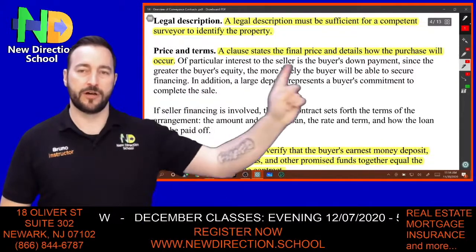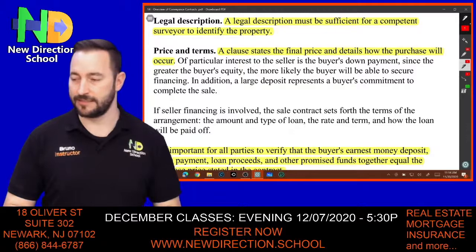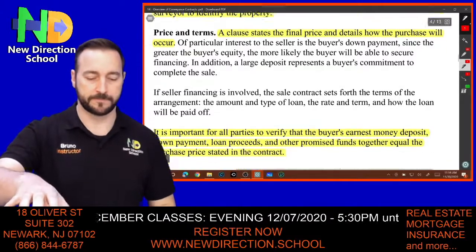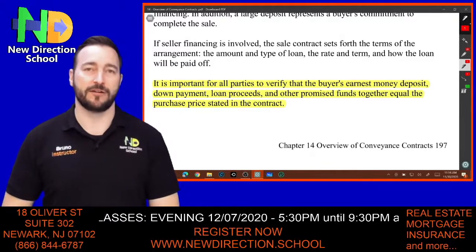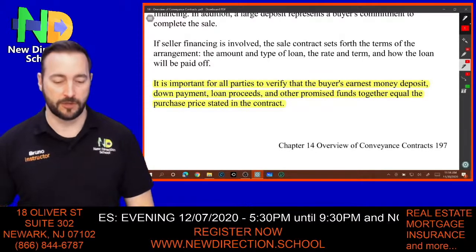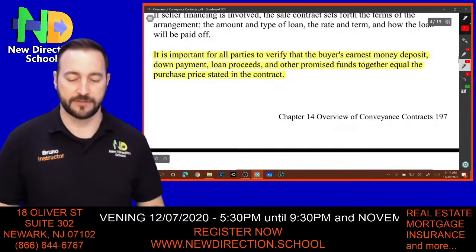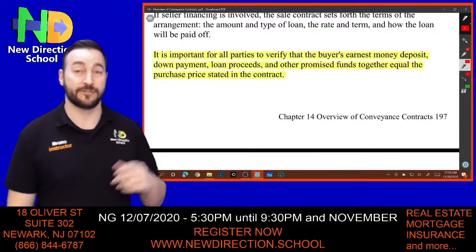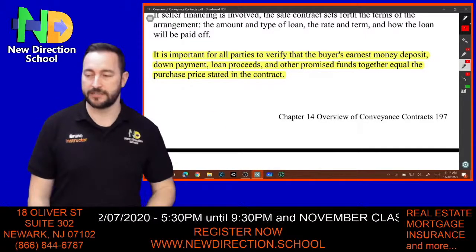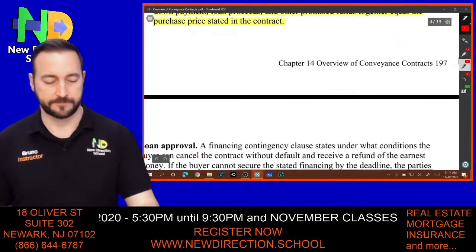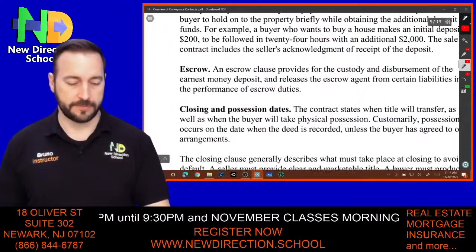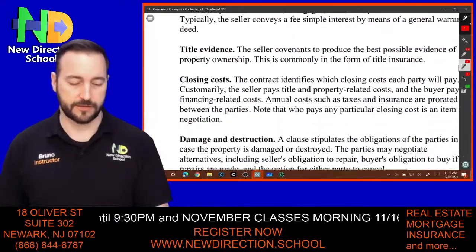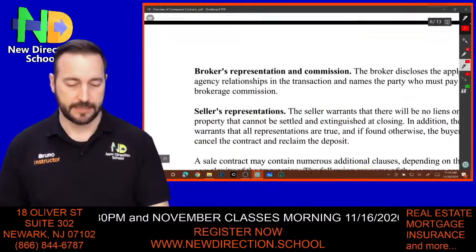It must include a clause that states the final price and the details of how the purchase will occur. It is important for all parties to verify the buyer's earnest money deposit, down payment, loan proceeds, and other promised funds together equal the purchase price stated in the contract. Loan approval, earnest money deposit, escrow, closings. We already covered most of this. Gonna skip.